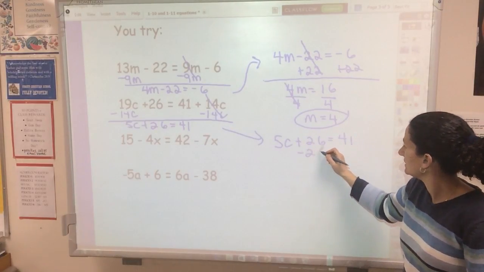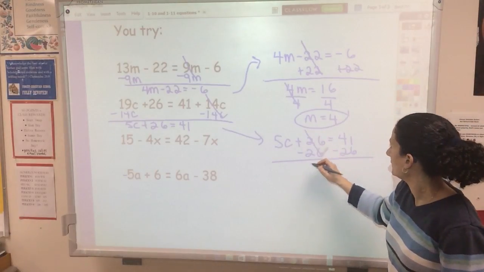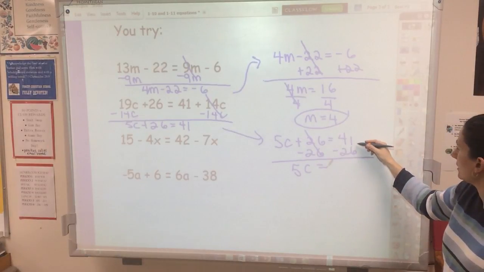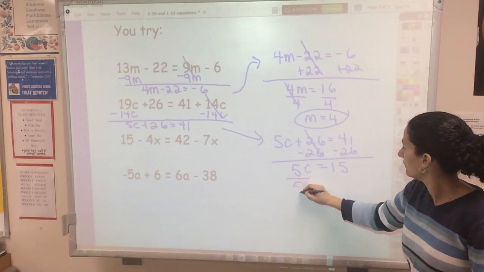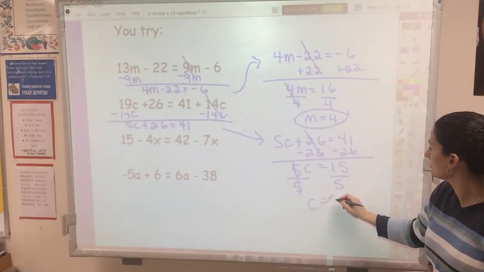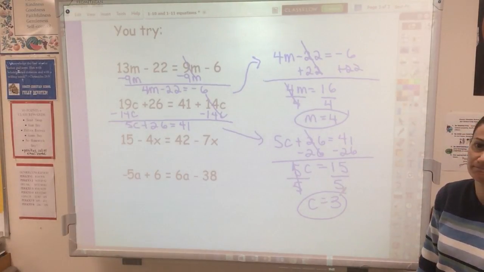So I'll minus 26 from both sides here. And that will be 5c. And over here I'll get 15. And then divide both sides by 5. And c equals 3. That's the answer to the second one.